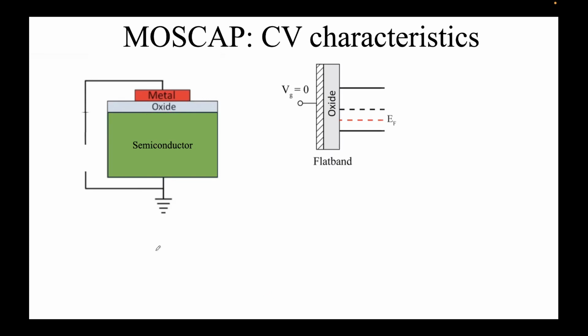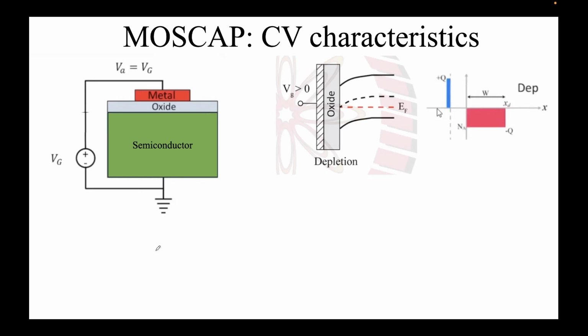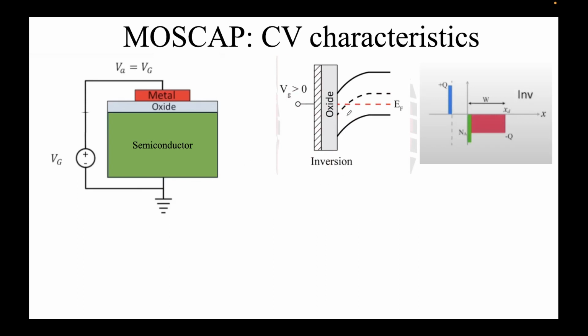Again, we see the flat band, no bias is applied. We apply some positive bias which just enters into depletion. We increase the bias a bit more. Now we're in inversion, because EF is closer to EC at the interface, while in the bulk EF is closer to EV. This is inversion, and we see that an electron charge will appear over here.